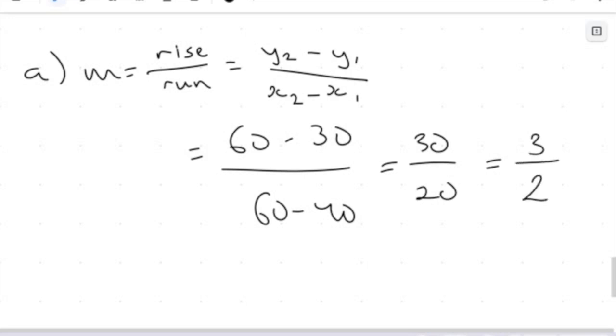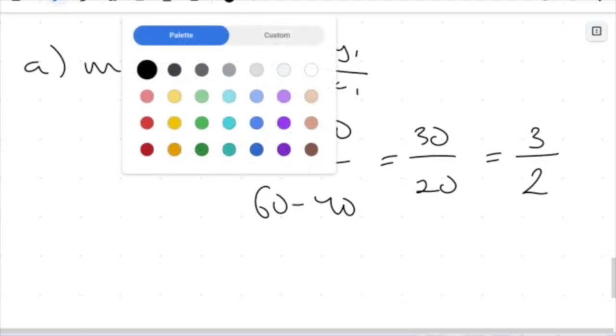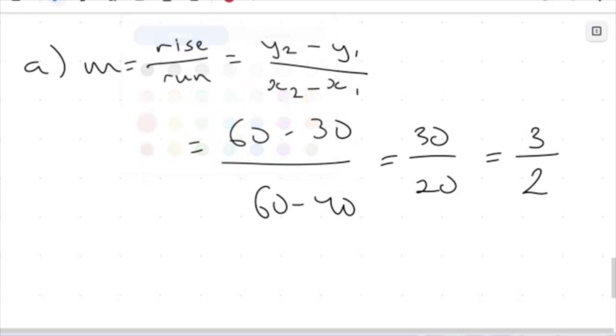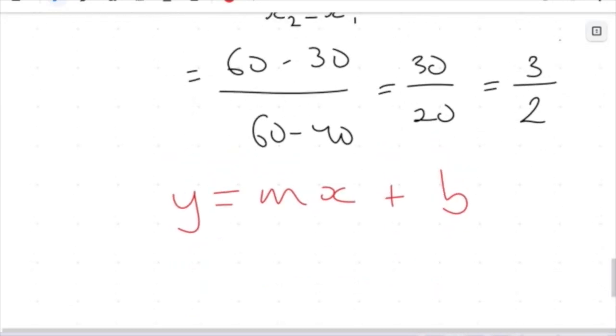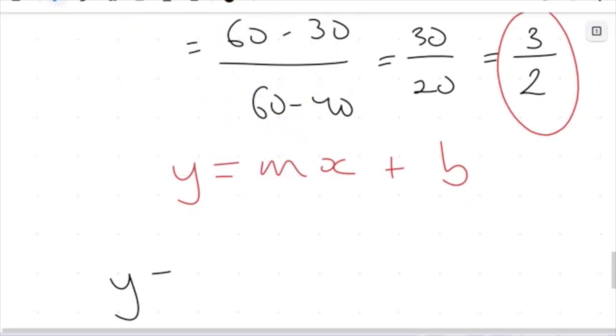Now, we've found the gradient of my trend line, of my line of best fit, and we want to use this to find the whole equation. Now, we remember that all lines have the equation in the form y equals mx plus b, and we have a value for m that we found. So we can say that y equals 3 over 2 x plus b.